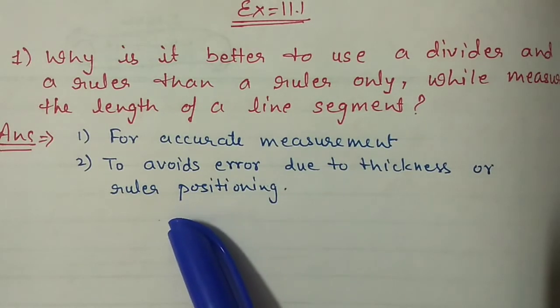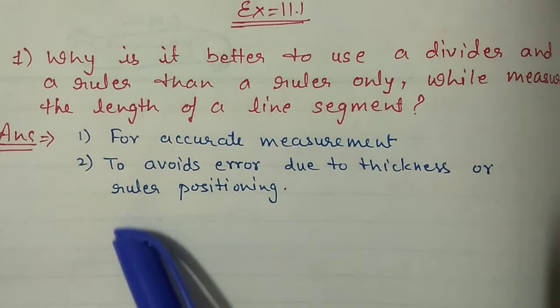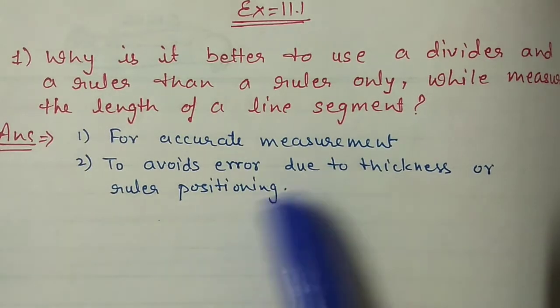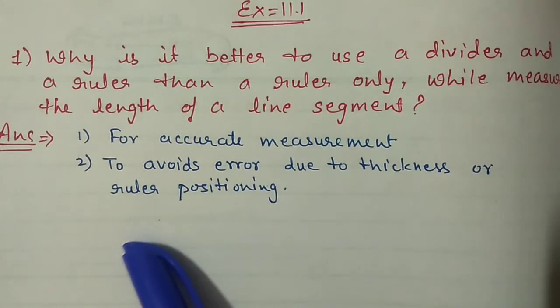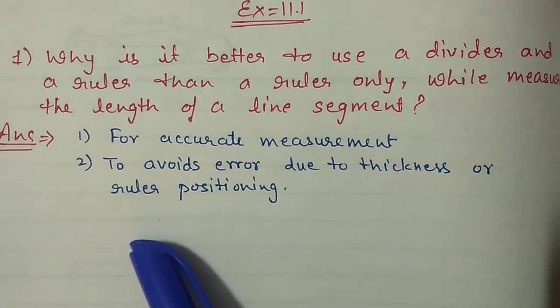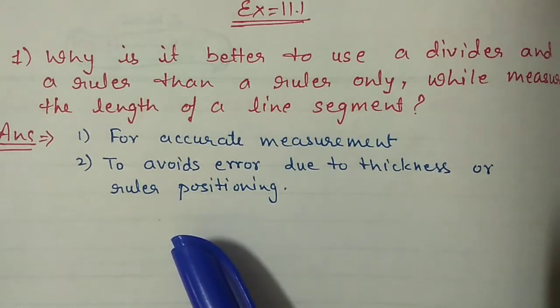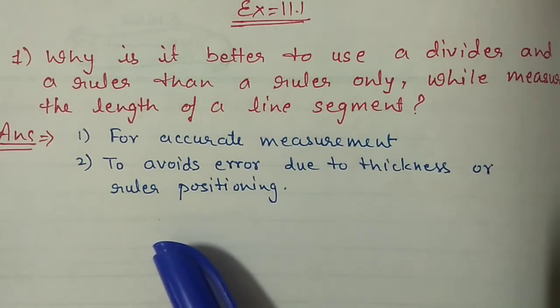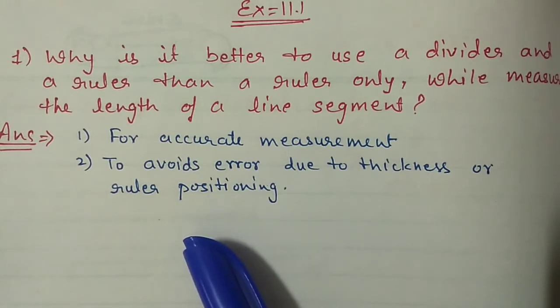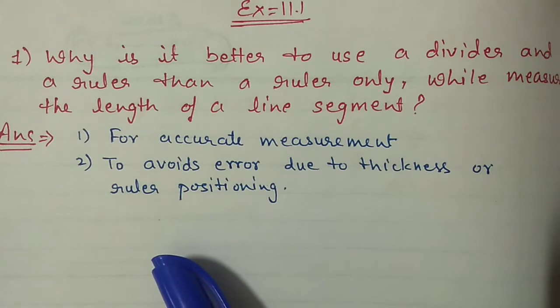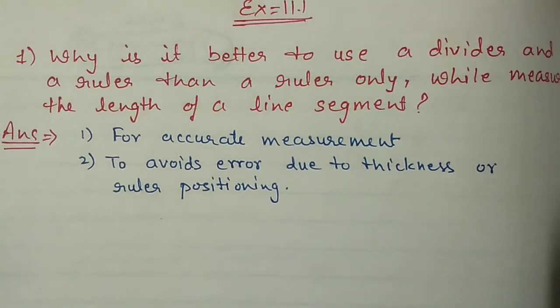And sometimes we think it is matching to 0, but because of the thickness of the ruler, it is not correctly on 0, and we will get the wrong measurement. Wrong measurement means it will be 0.1 and 0.2 here and there, but when you substitute that value, sometimes the answer will come wrong. You will not get the correct answer.